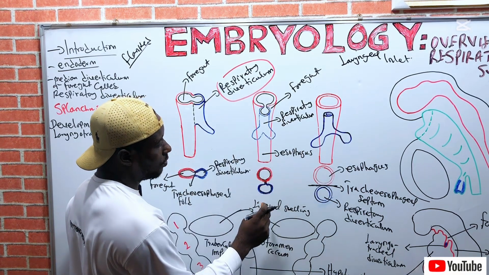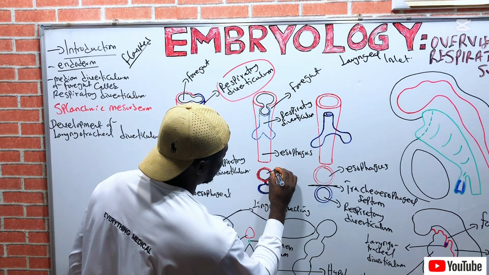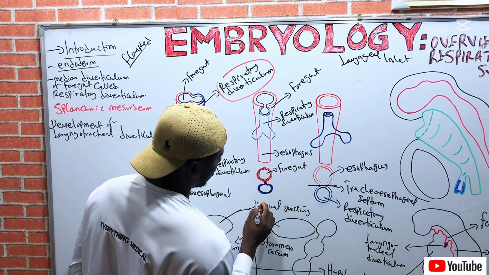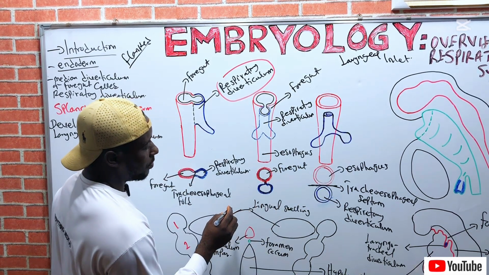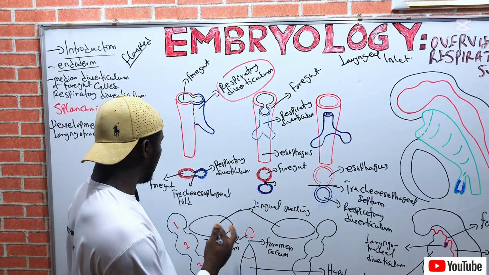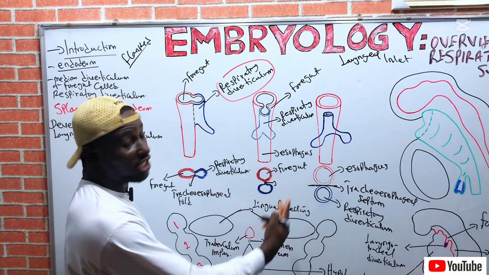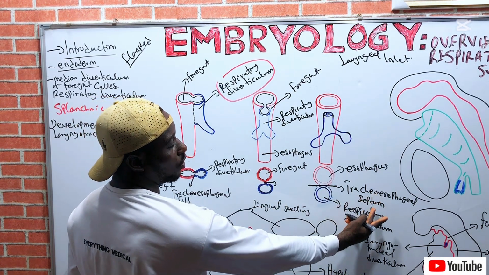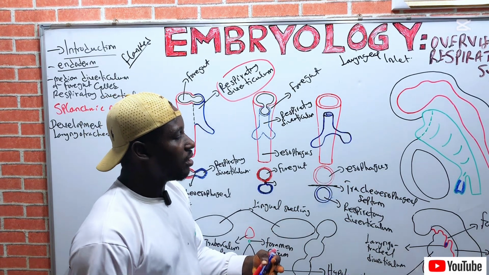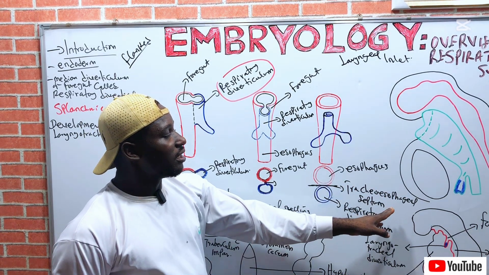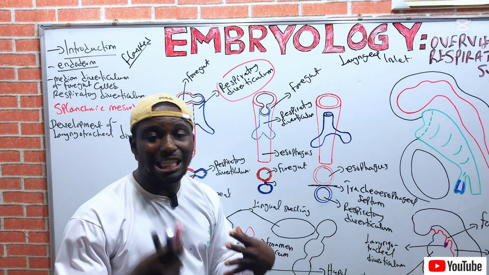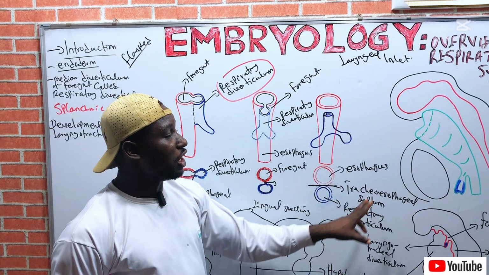This remains our foregut. Now, here is what we call the fusion of the tracheoesophageal fold, because it fuses to form the tracheoesophageal septum that separates the distal aspect of the respiratory diverticulum from the oesophagus.